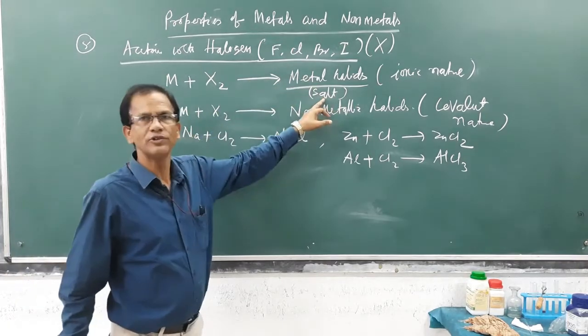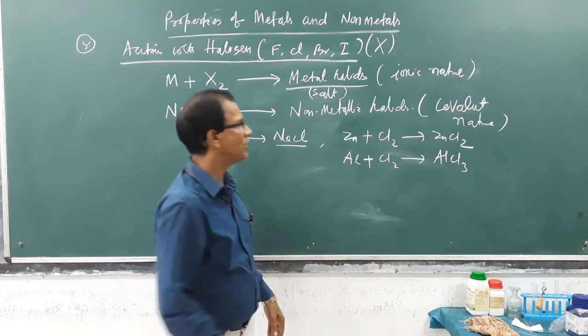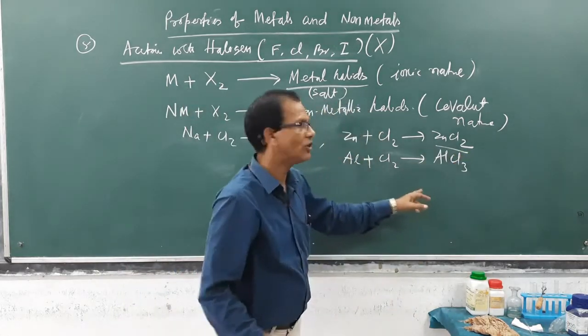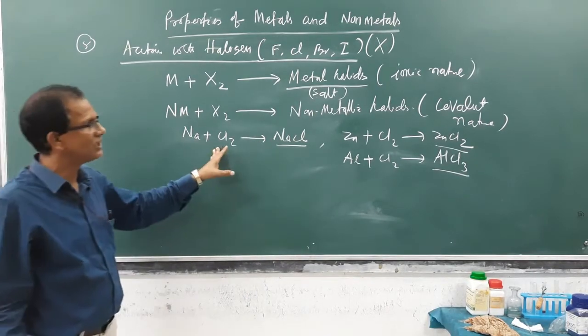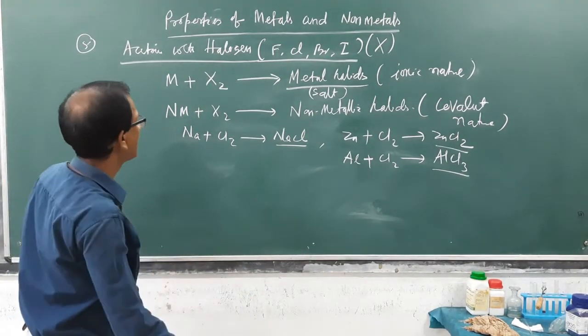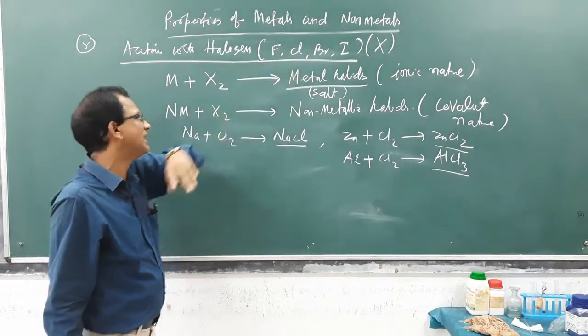Metal halides mean salt. So here the salt is sodium chloride, here zinc chloride, here aluminium chloride. So like this, metal with halogen produces halides. Here we have taken chlorine as the halogen. You can take chlorine, bromine, iodine like this.